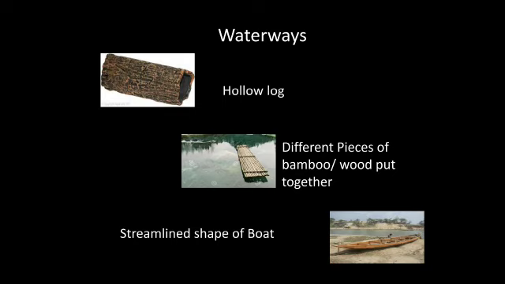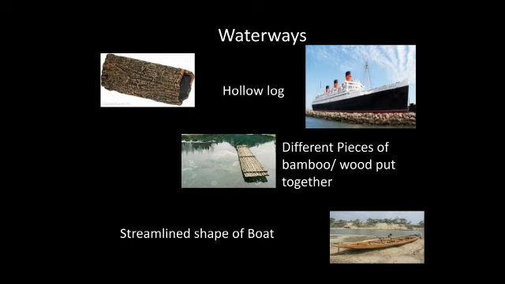They realized that if this shape is given to the boats, then they will move faster and it will be easier to row as well. Then only the streamlined shape of boats came into the picture. Later we also got motorized boats and ships, and all are in streamlined shape. Right?